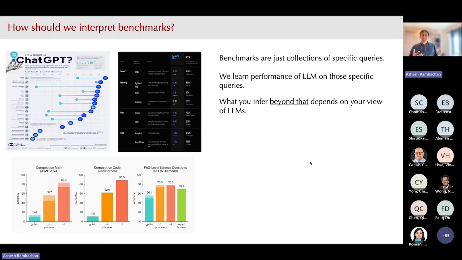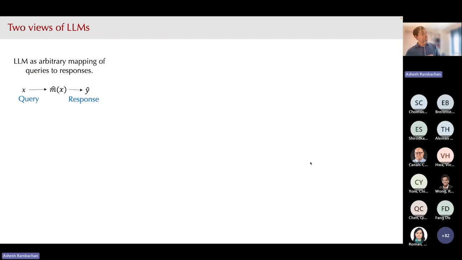But of course, that means what we infer beyond that really depends on your view of what is the problem large language models are solving and how do these benchmarks relate to them. So what I now want to do is present one view of large language models that would allow you to connect benchmark evaluations to problems we work on. But I'll argue that that's really probably not the view you have in mind.